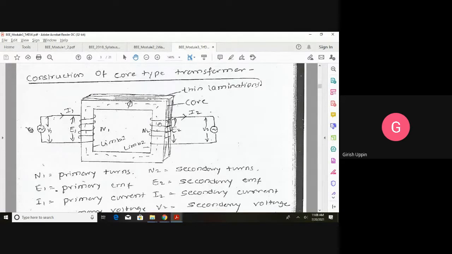And these windings are also insulated, and these are the two terminals which will be connected to the load. Those are called secondary terminals, and these are the primary terminals. This winding is called the primary winding, and this winding is called the secondary winding. We will have the voltage source connected on the primary side, and the load is connected on the secondary side.